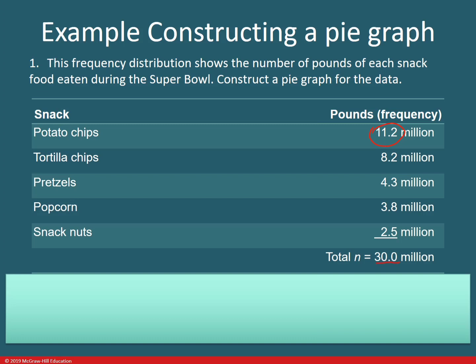So to construct a pie graph, we need the percentage of our frequencies. The way to do this is we can either use the degrees formula or we can use the percentage formula. Now, depending on what the question is asking you, they might tell you how large is the slice, or the proportion. If they ask for the proportion of the slice, then they're asking for a percentage, right?